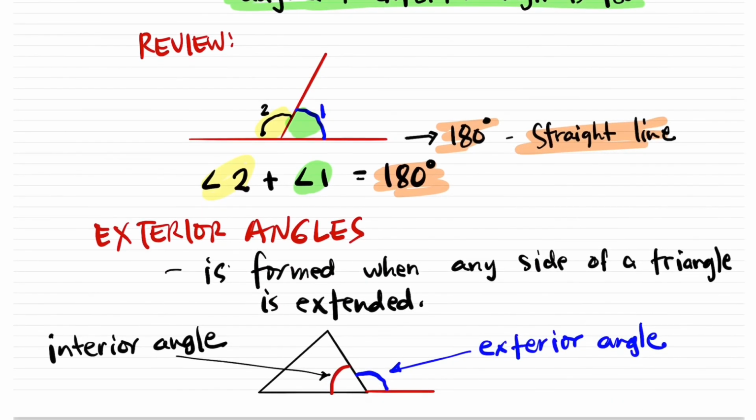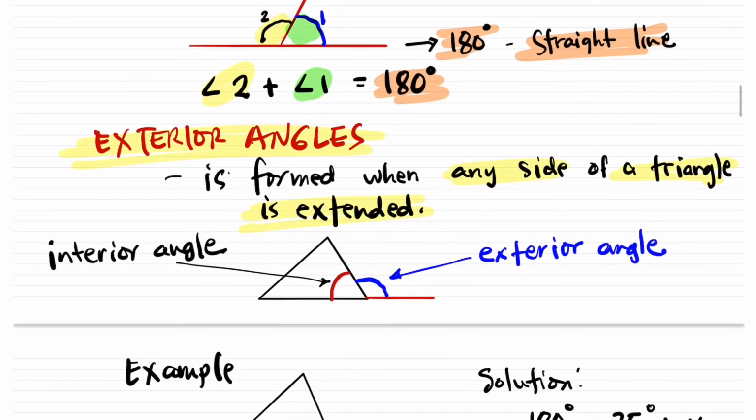So any line that meets the straight line, the sum will always be 180 degrees. Now we define what is an exterior angle. It is formed when any side of a triangle is being extended. So in this case, this side here, this is our exterior angle, and the one inside is our interior angle.